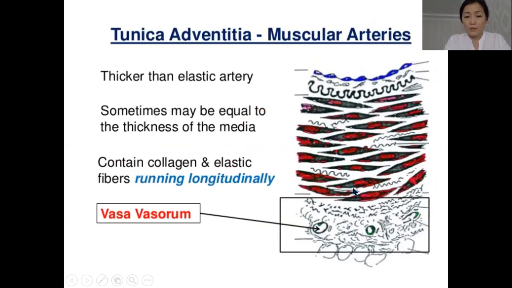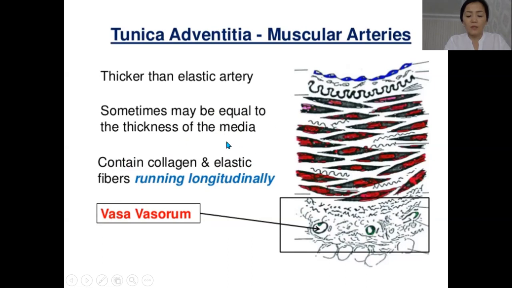Tunica adventitia of muscular artery is thicker. Remember, this is also a difference between elastic and muscular artery. If in elastic artery tunica adventitia is thin, in muscular artery it is thicker, and vasa vasorum are also present.